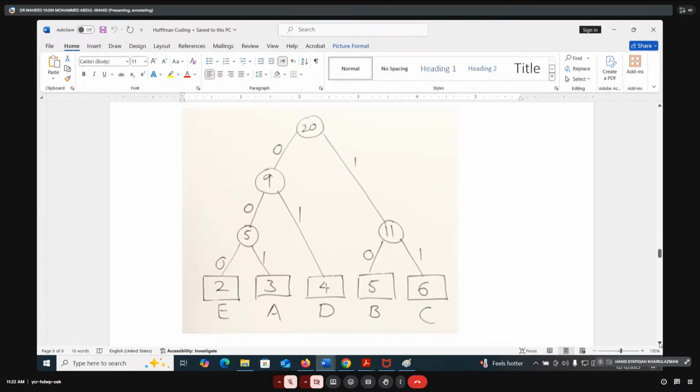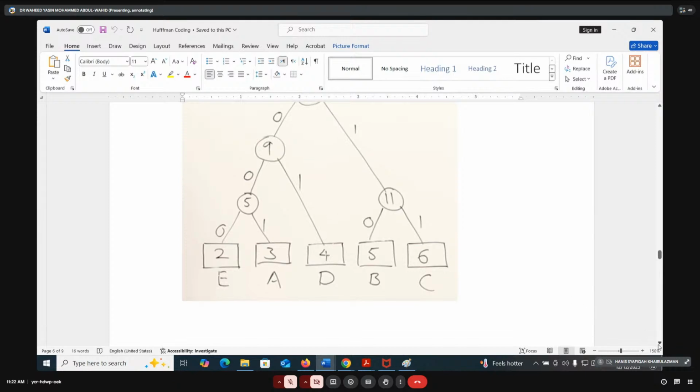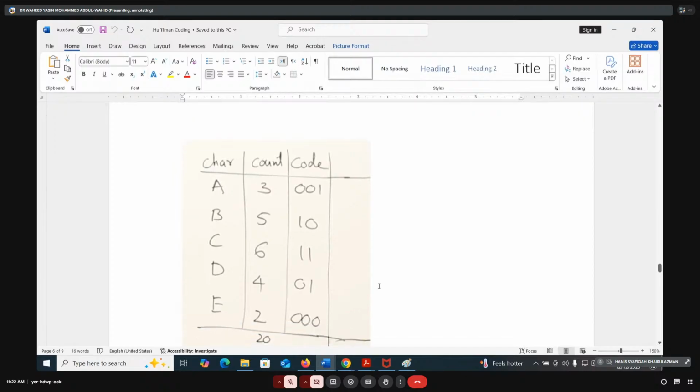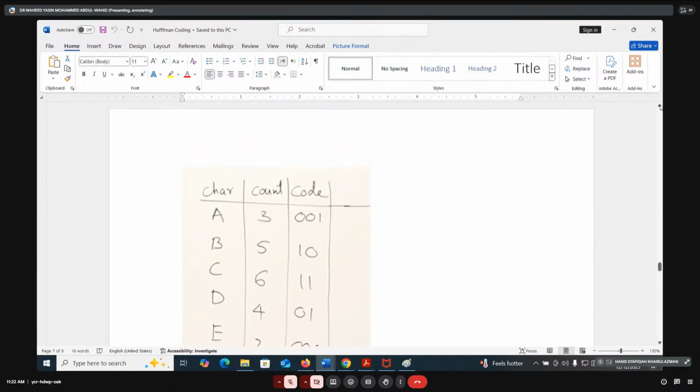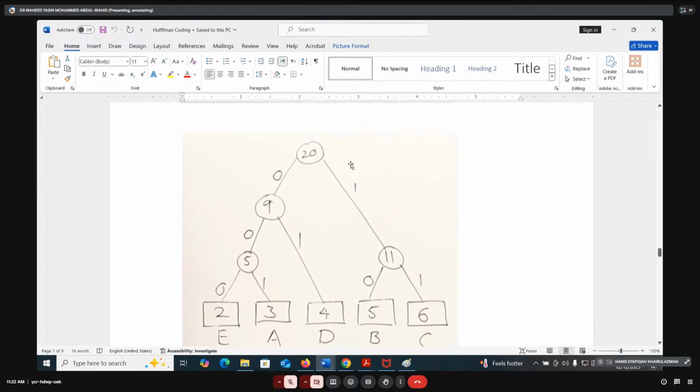Now look at what we see. Here 0 0 0 is the code of E. 0 0 1 is the code of A.